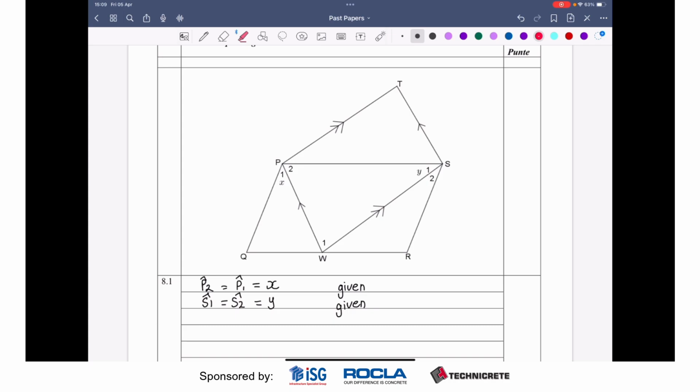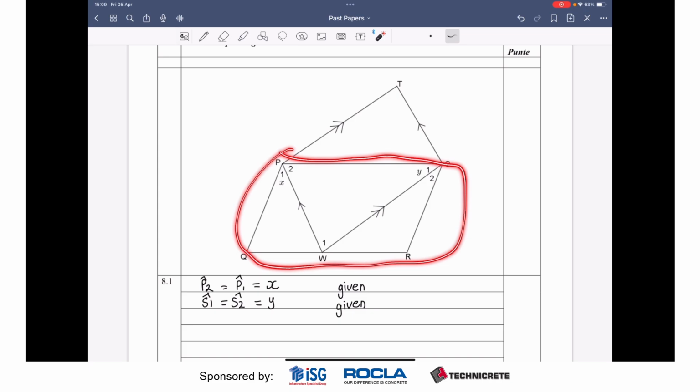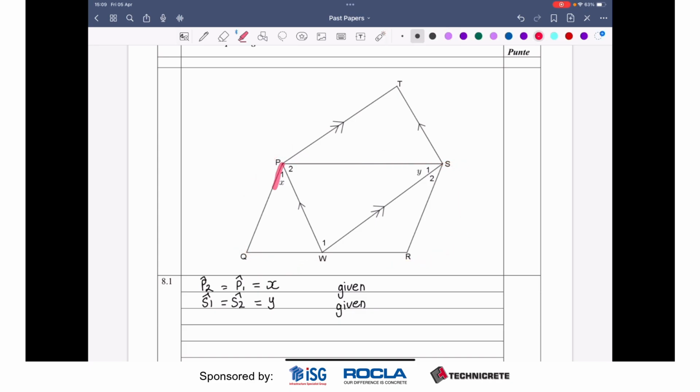And then I was told that this PQRS is a parallelogram, and so that means that PQ is parallel to SR, and PS is parallel to QR. So, for example, if these two are parallel, this PQ and this SR, then I'll have that co-interior angles add up to 180 degrees.